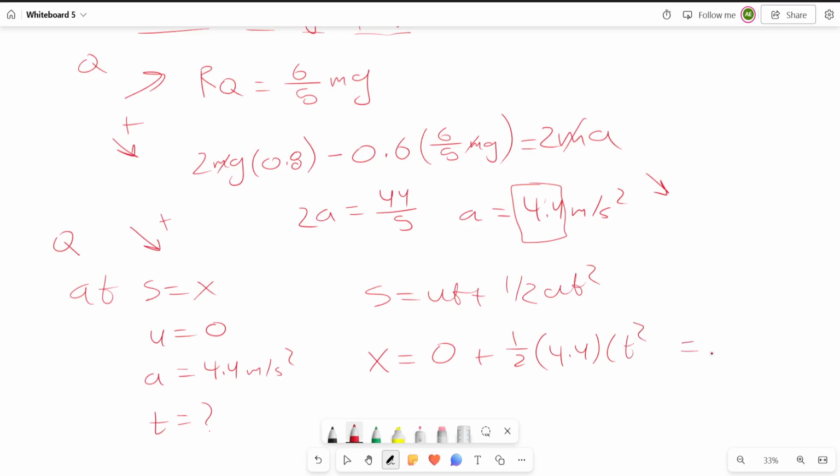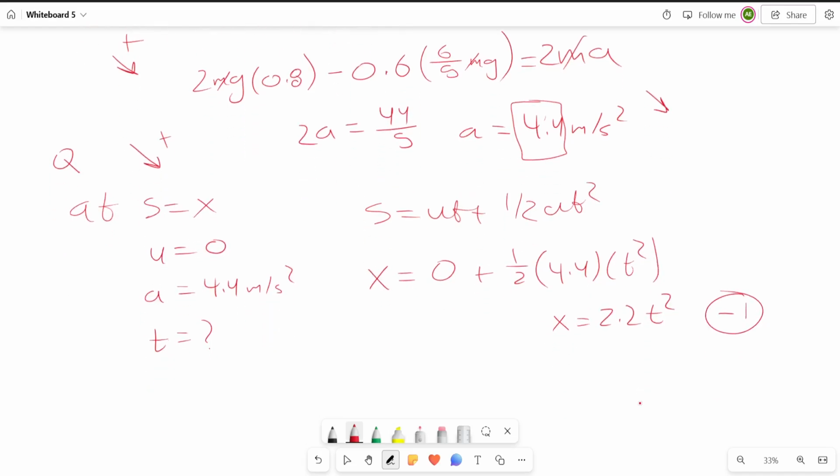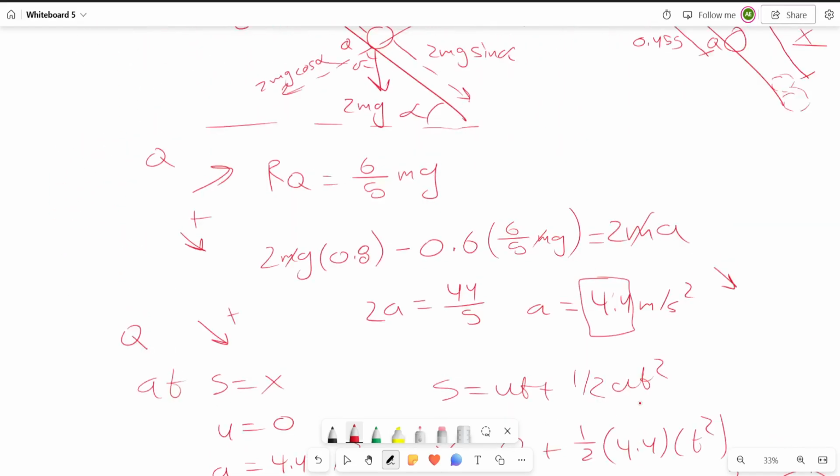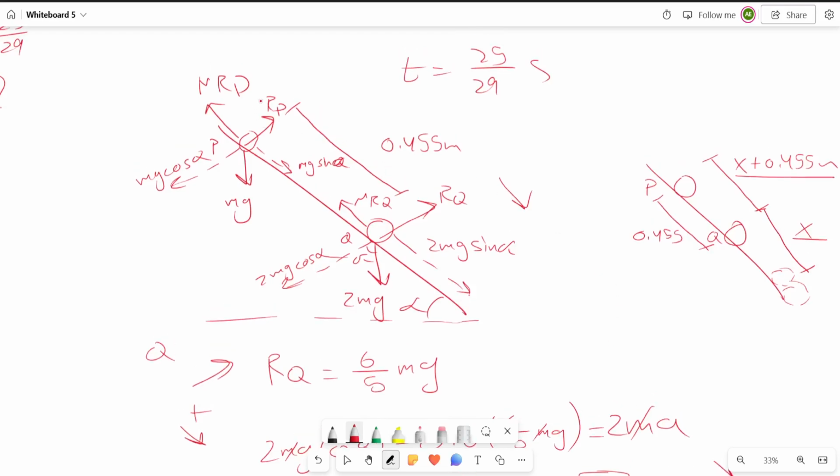So this is my first equation, where x is going to equal 2.2 t squared. For P, in order to do that, I will need to know what is u for P, or the initial speed at this point in time right here.